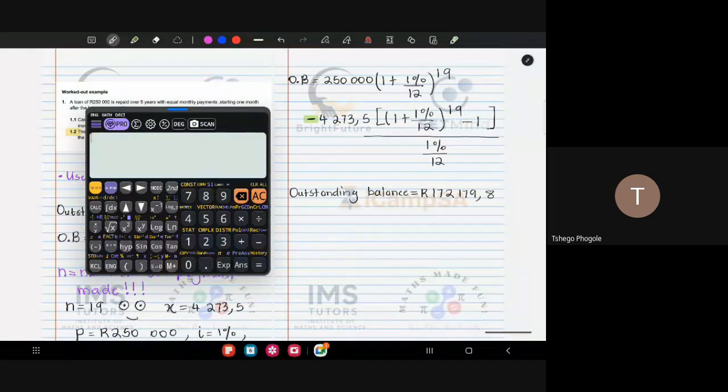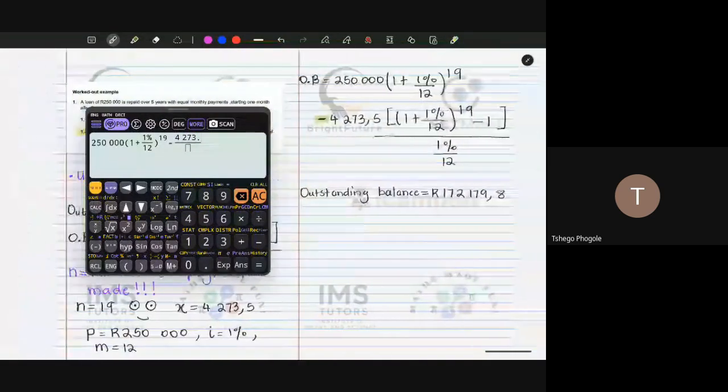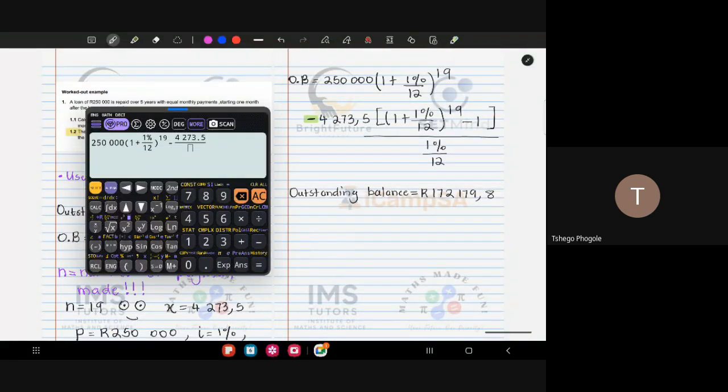For the next one, what we are saying is let's go 250,000 into 1 plus 1% divided by 12 and close the bracket. We put up how many payments we have made. We made 19 payments minus the future value annuity, which is 4,273.5 and then open the bracket again.